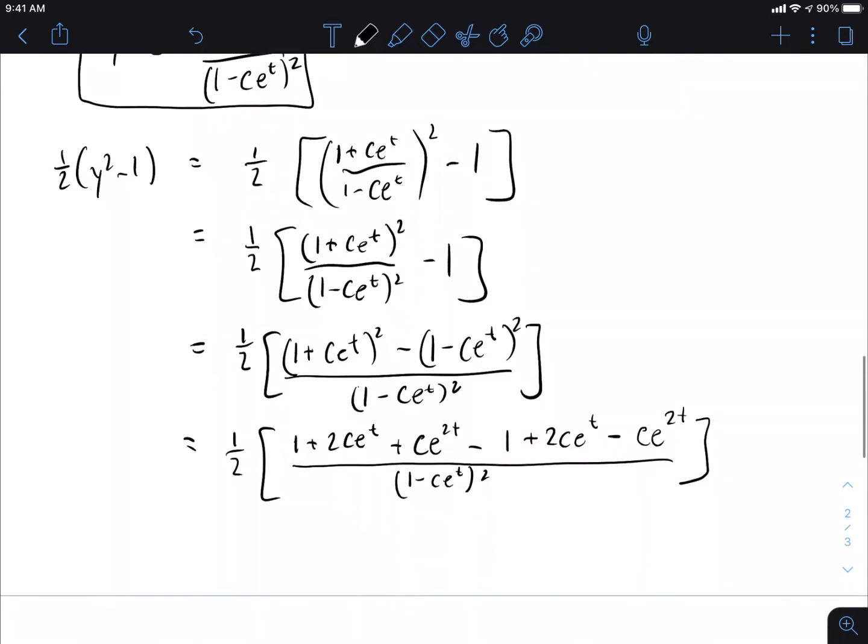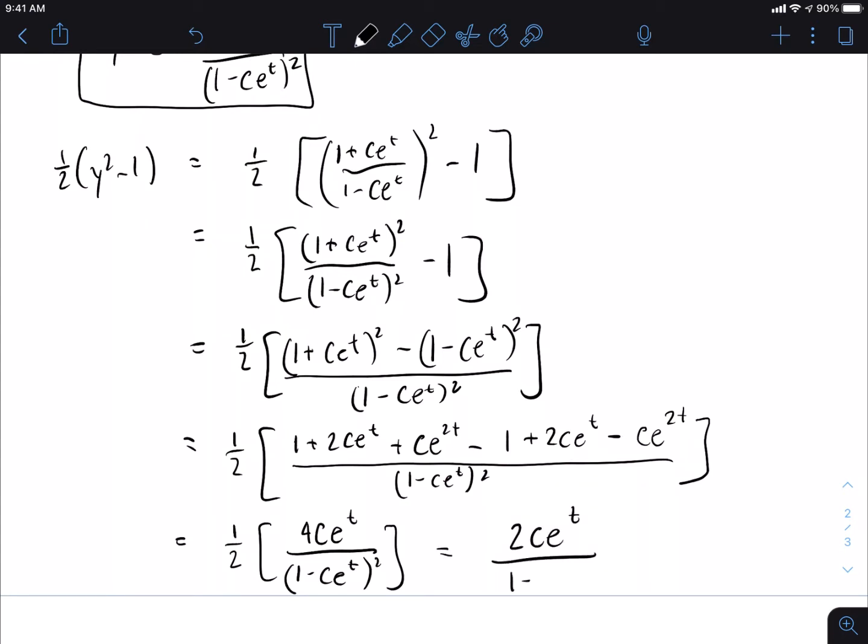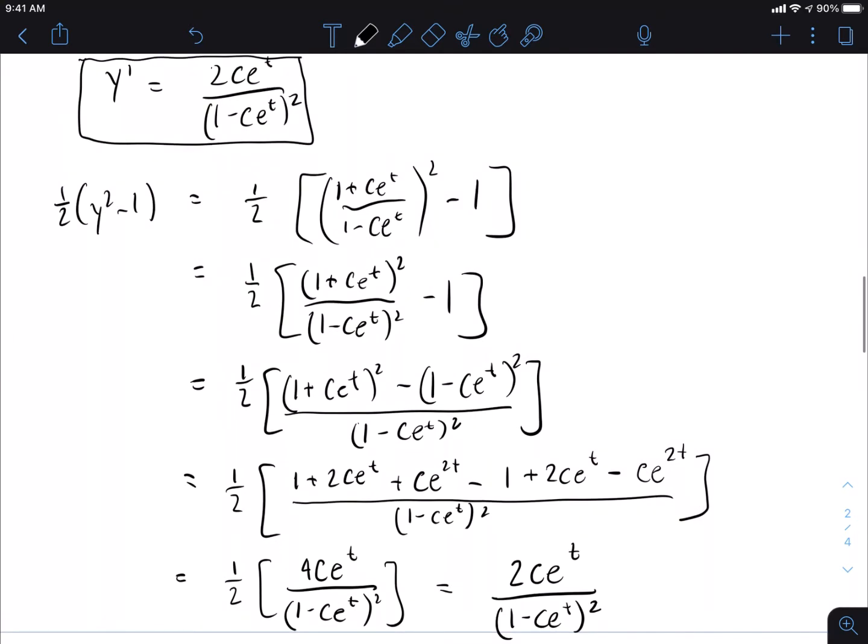Yes. So that's going to give me 1/2 times 4ce^t over (1 minus ce^t) quantity squared, which is going to give me 2ce^t over (1 minus ce^t) quantity squared. And by golly George, they are the same.